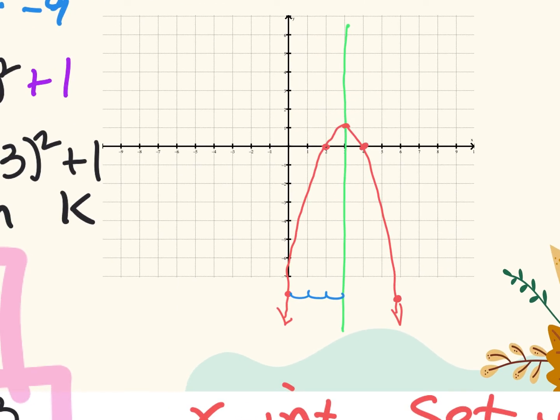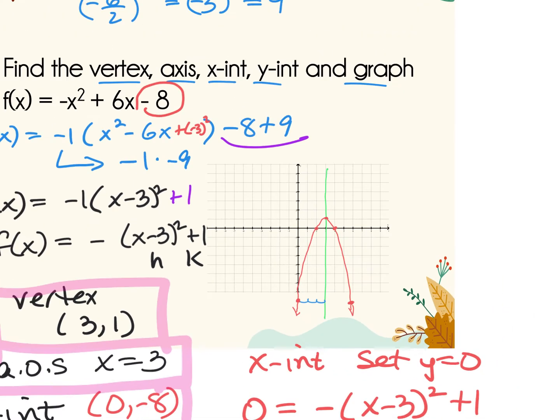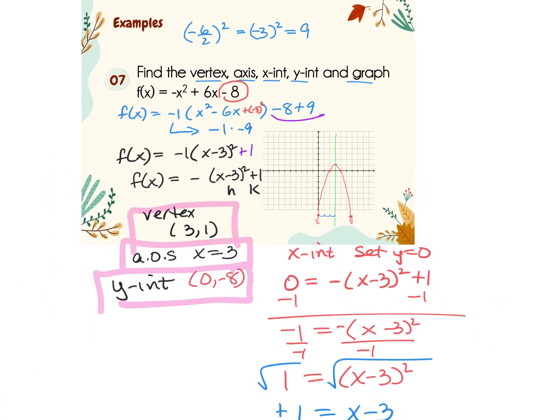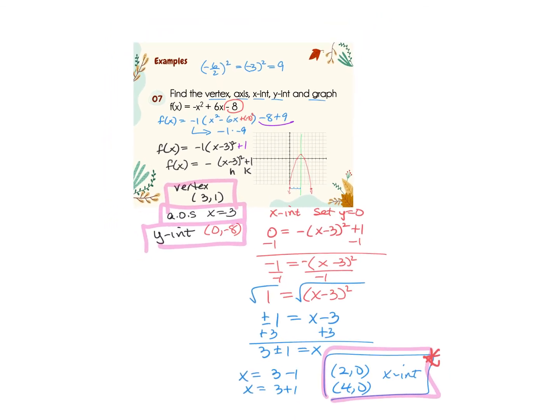Those were my x-intercepts, my y-intercept. To get this additional point, I used the axis of symmetry, and I also graphed the vertex. So you will need to be able to demonstrate all of this technique on the quiz next week.